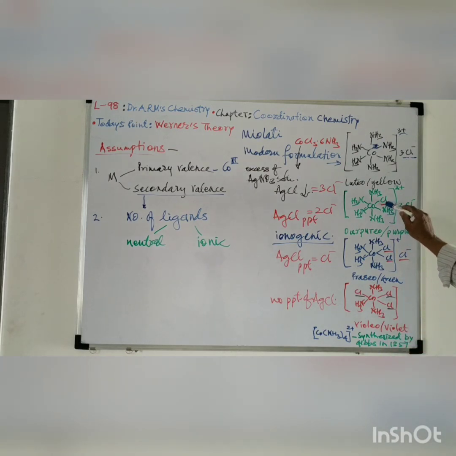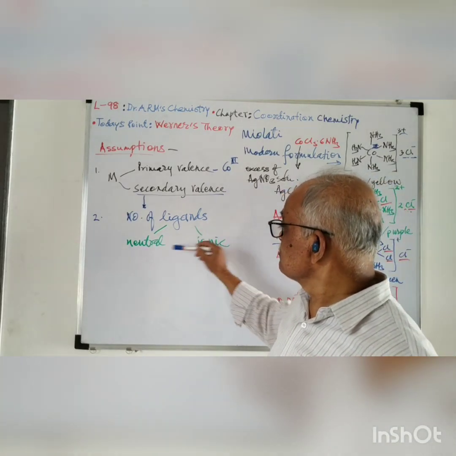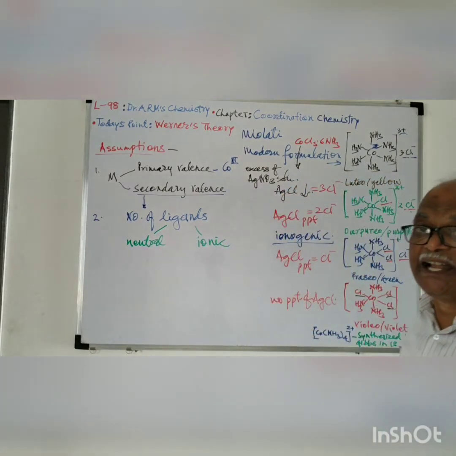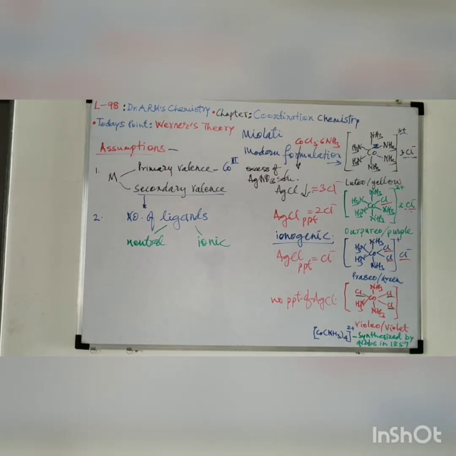In this case, there is also Cl-, so this is also a ligand. Werner considered ligands as species which may be neutral or ionic, and they may be directly bonded to the metal ion like this. These three Cl- are also bonded to this metal ion, but the nature of bonding is different.